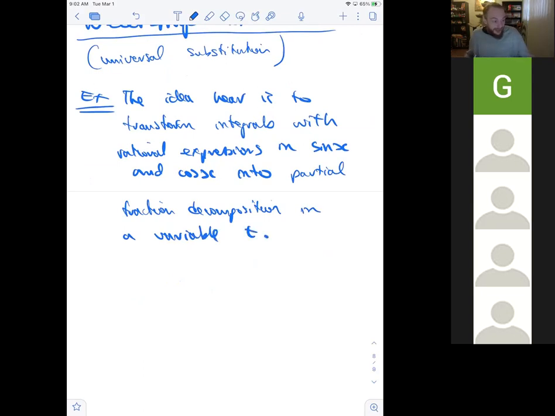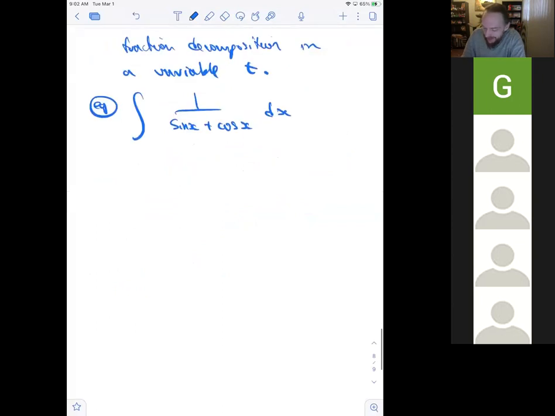So basically, as an example here, what if we want to integrate 1 over sine x plus cos x dx? If you're interested, the r of x, y here, if I had 2 variables, would be 1 over x plus y.